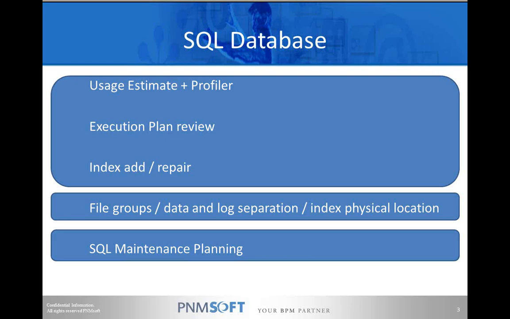You want to make sure that the file groups and the data and logs and the indexes are separate as much as possible to different physical drives, and you want to do this all as a planned activity rather than in emergency, because it's always easier to do it when we're planning ahead.